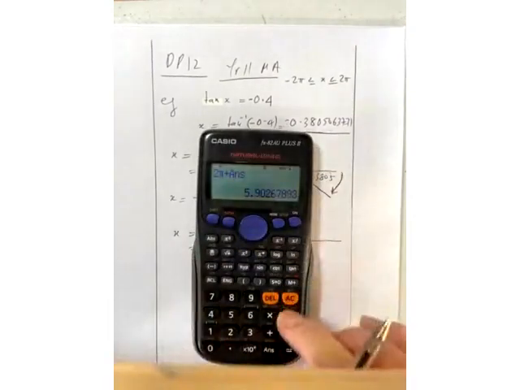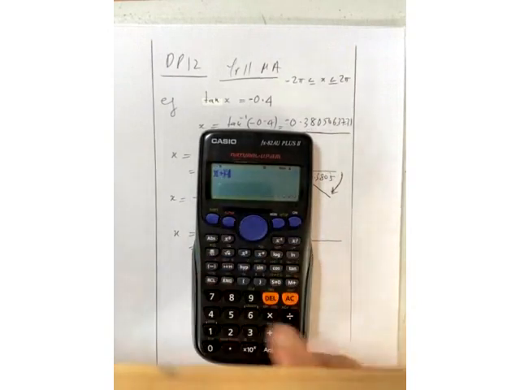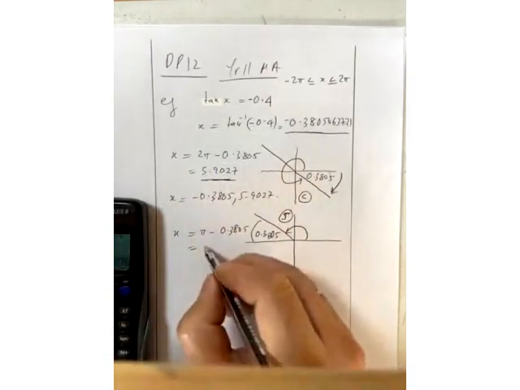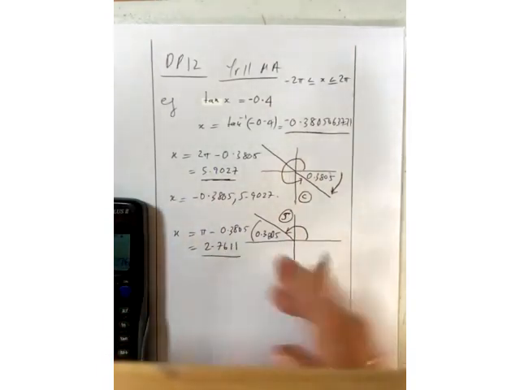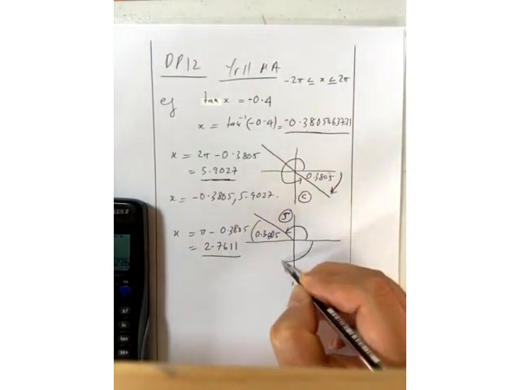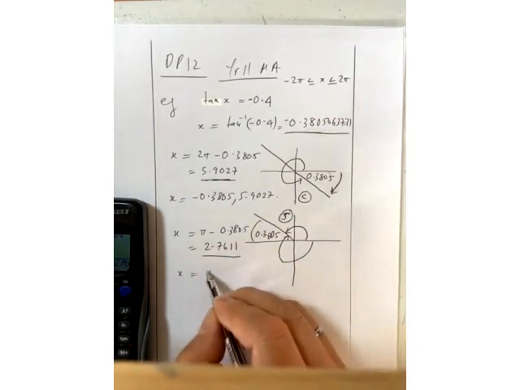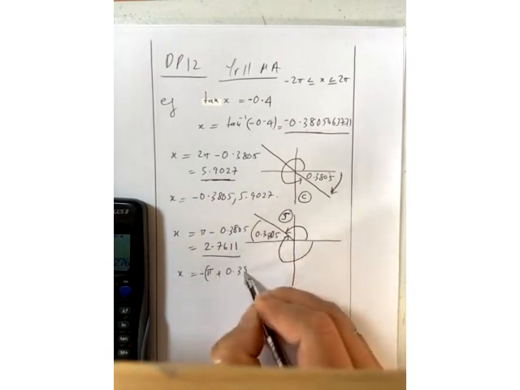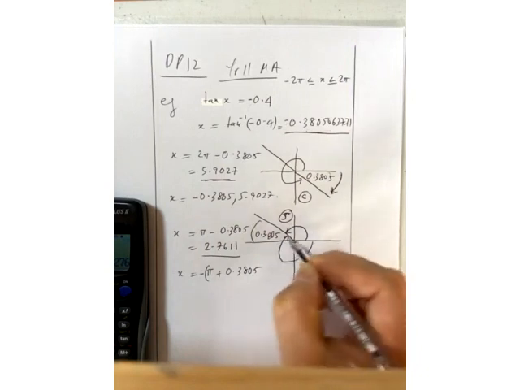Using the calculator, you go pi, actually plus that one because it's already negative, it's minus, by the way. So that's going to be 2.7611 to 4 decimal places. And the other answer, its negative representation is going that way, and that would be negative pi plus that, because that's pi plus that, but in your negative direction.